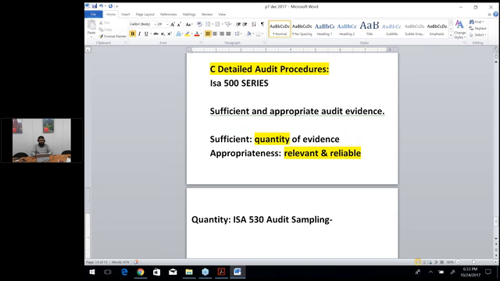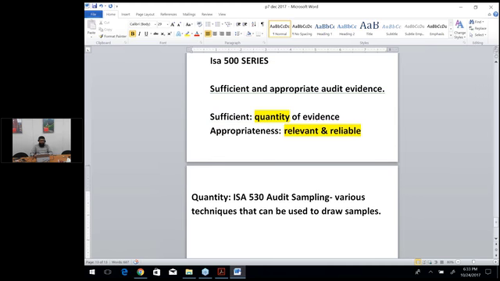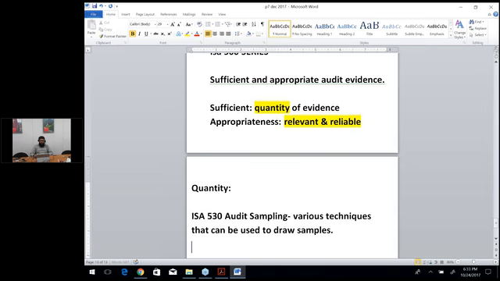So the ISA 530 audit sampling gives us guidance about the various techniques that can be used to draw samples. That is important. ISA 530 guides you about the various techniques that could be used to draw the samples, number one.